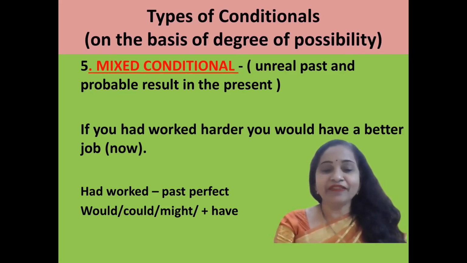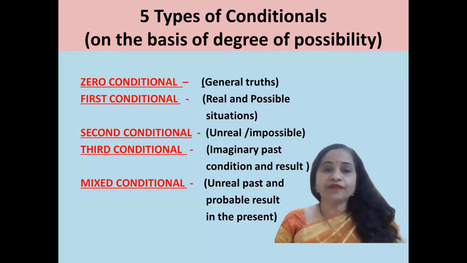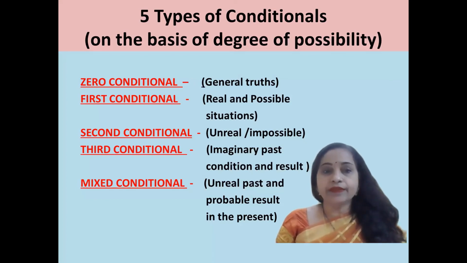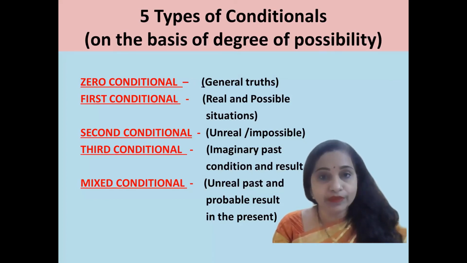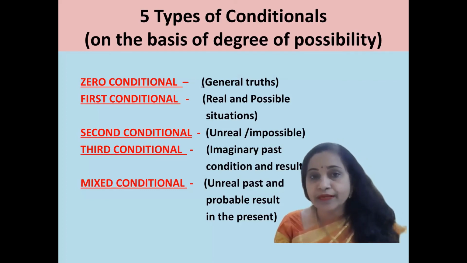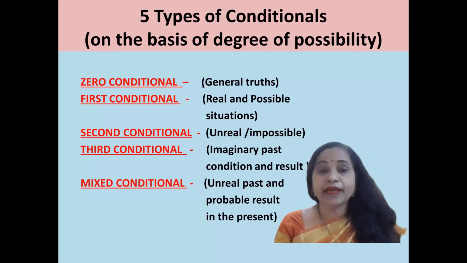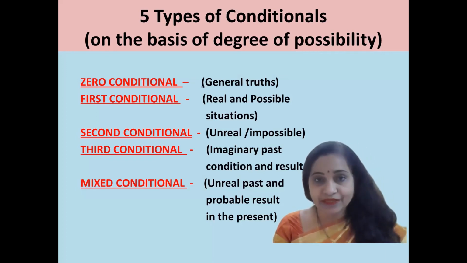So these are the 5 conditions, and let us look at the gist of these 5 types of conditionals. I quickly go through the gist. The first conditional talks about the general truths, and that is called as the zero conditional. Next, the first conditional talks about the real and possible situations.